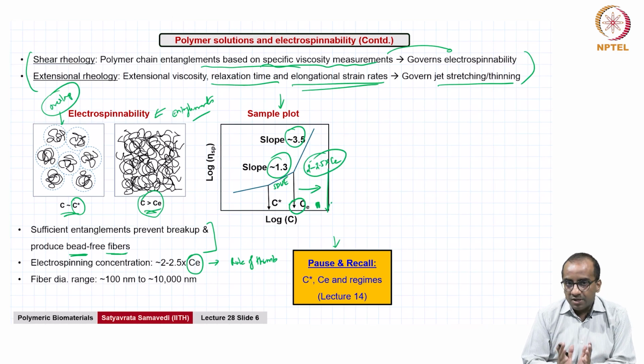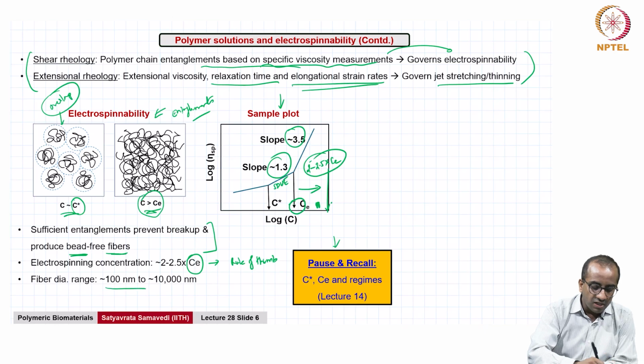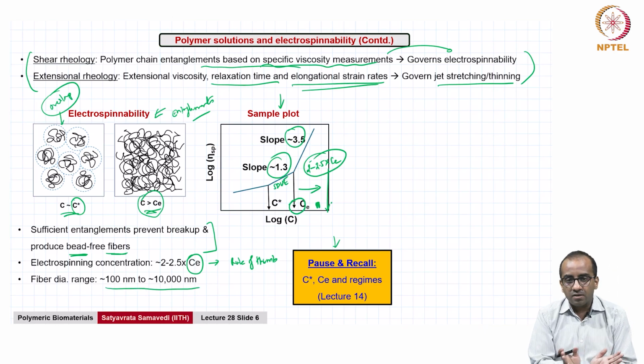And typically the fiber diameter range that is achievable in electrospinning, although these are again ballpark numbers, is somewhere from say 100 nanometers on the collector to about 10,000 nanometers. So about 0.1 microns to about 10 microns, several orders of magnitude span in fiber diameter.